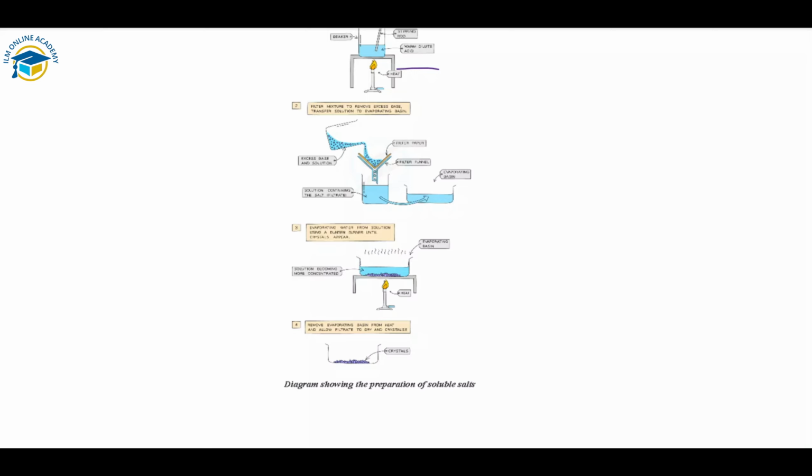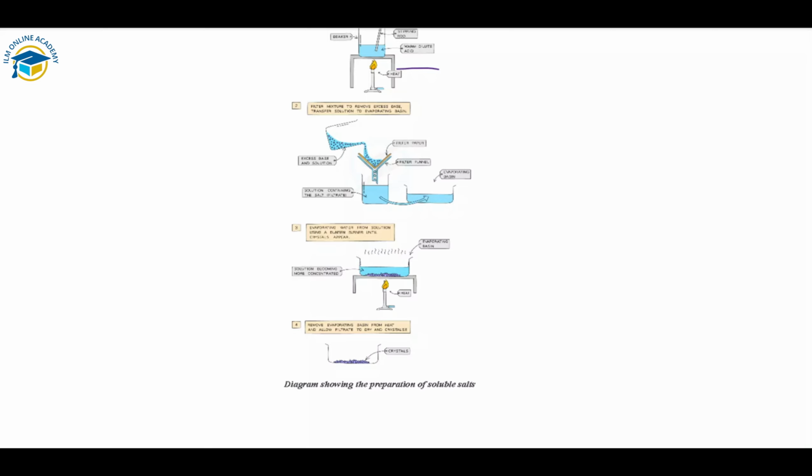Check the solution is saturated by dipping a cold glass rod into the solution and seeing if crystals form on the end. Leave the filtrate in a warm place to dry and to crystallize.